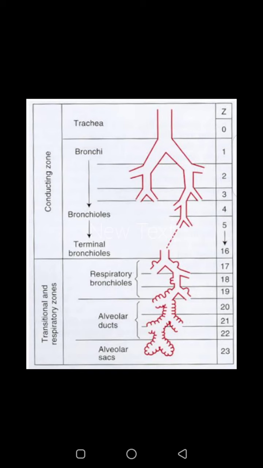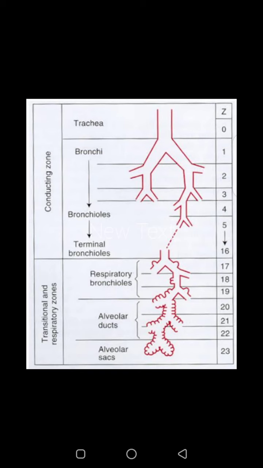They have thick epithelial cells, mostly columnar epithelial cells, which may be ciliated or non-ciliated, and this does not allow for easy diffusion through that thick membrane. So they only serve to conduct air, and that's why they are called the conducting zone.